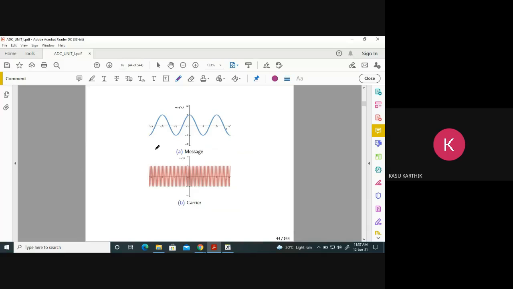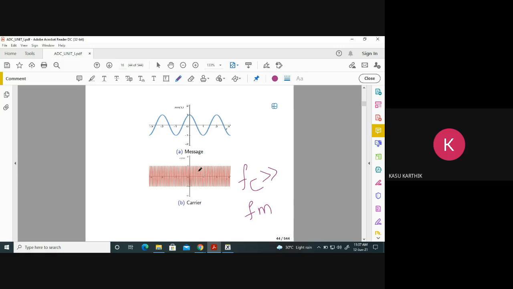So this is the message signal and this is the carrier. What difference can you observe? The carrier frequency is much more than the message frequency. The carrier signal is very closely spaced, while the message is somewhat largely spaced.